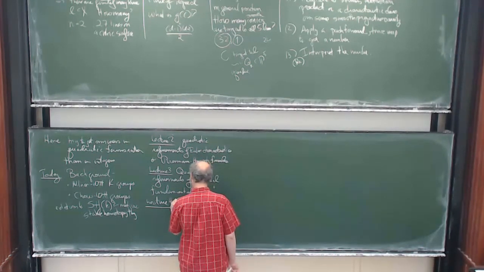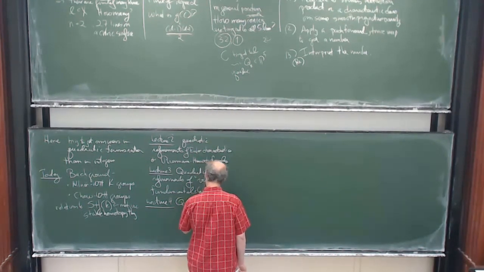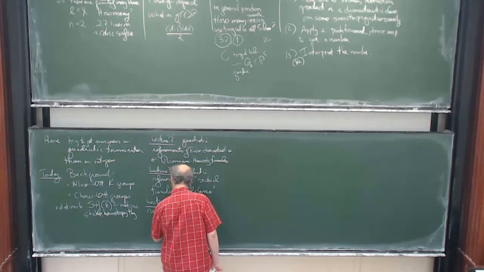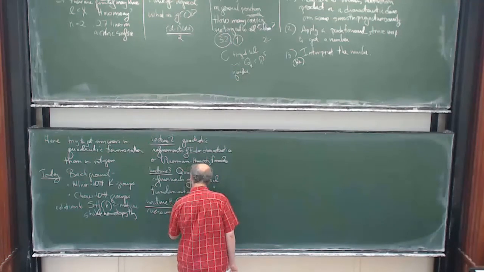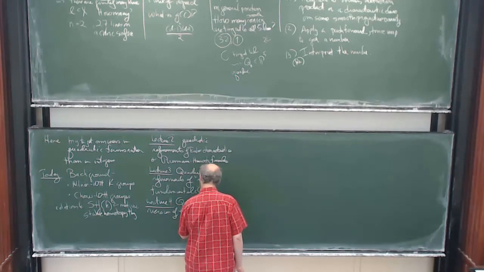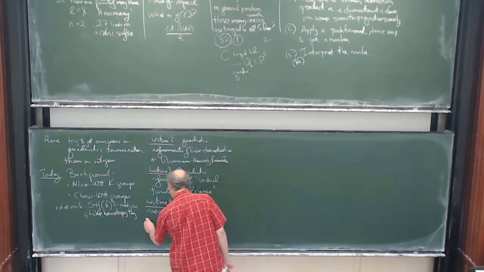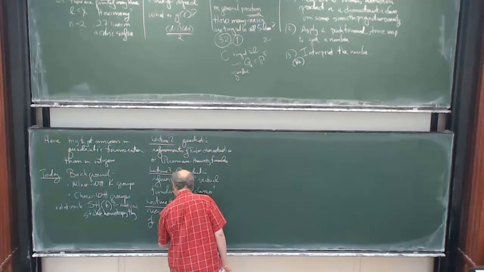So this will be a quadratic version of the usual calculus of Chern classes.